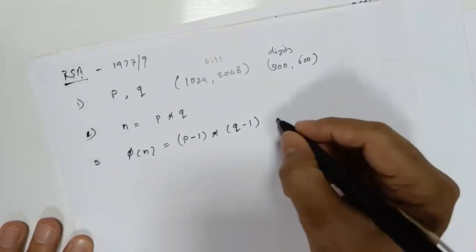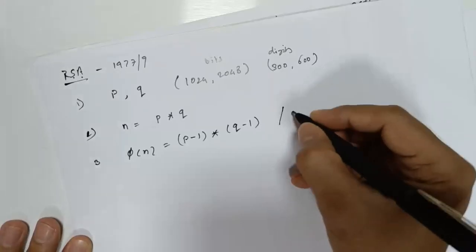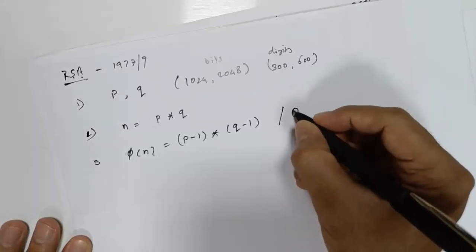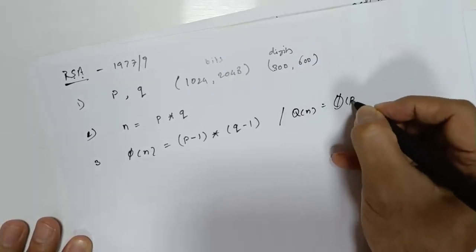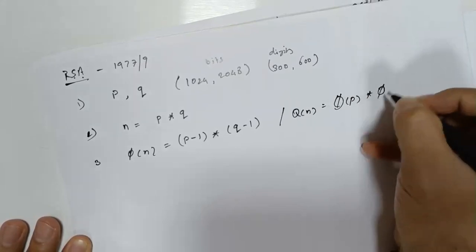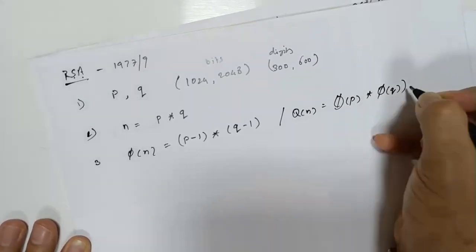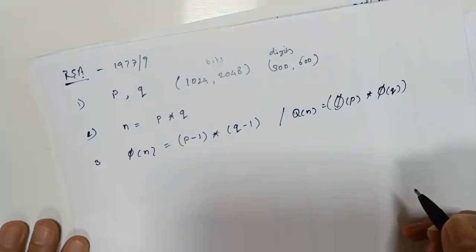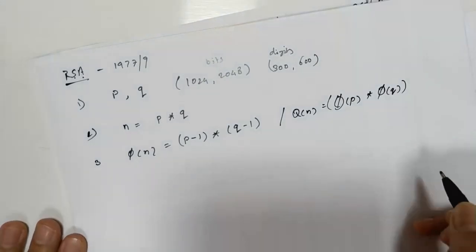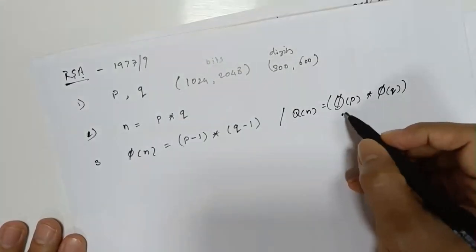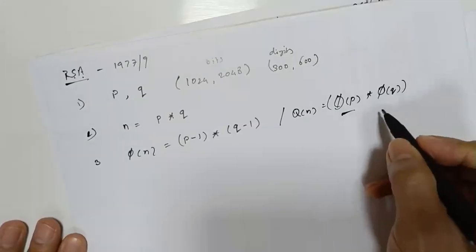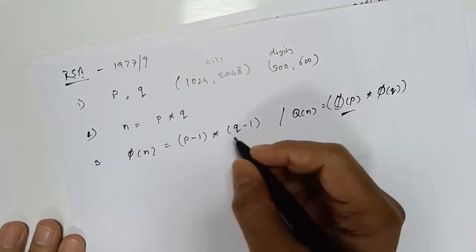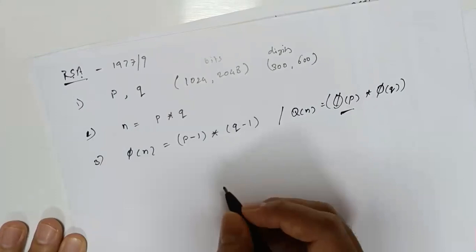Or what you can do is write it as a previous step: phi of n equals phi of p into phi of q. For prime numbers, in the last lecture we have seen that phi of p is p minus 1 and phi of q is q minus 1. So this is again another simple step.